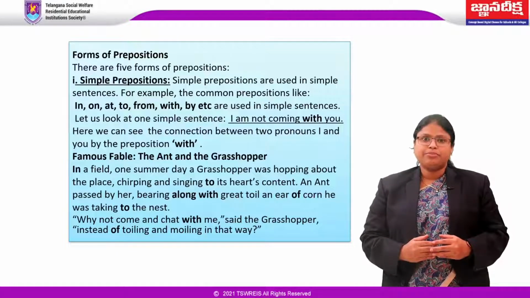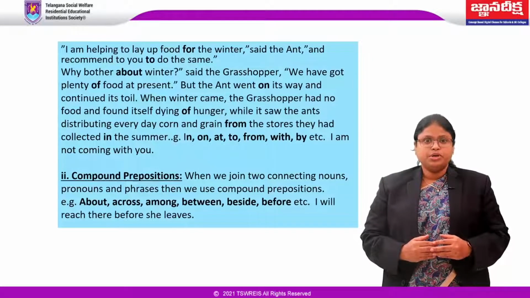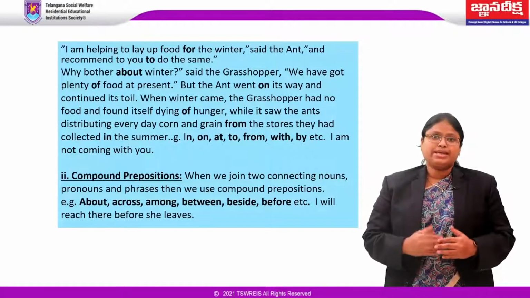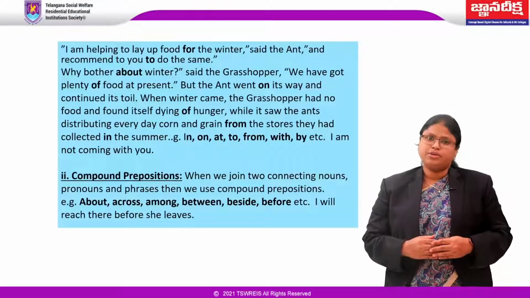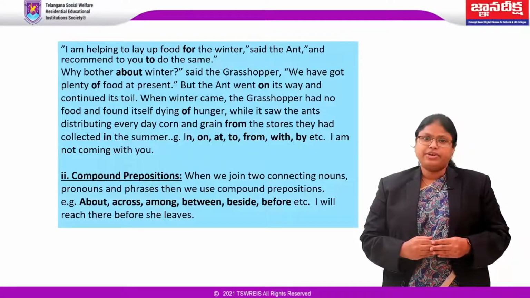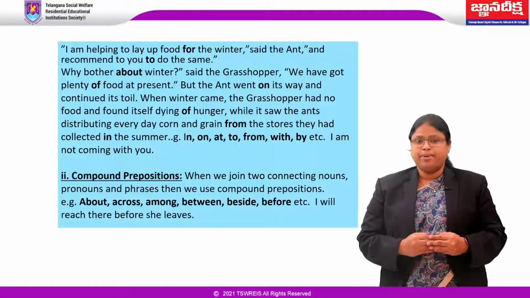I am helping to lay up the food for the winter, said the ant, and recommend you to do the same. Why bother about winter, said the grasshopper. We have got plenty of food at present. But the ant went on its way and continued its toil. When winter came, the grasshopper had no food and found itself dying of hunger, while it saw the ants distributing every day corn and grain from the stores they had collected in the summer.